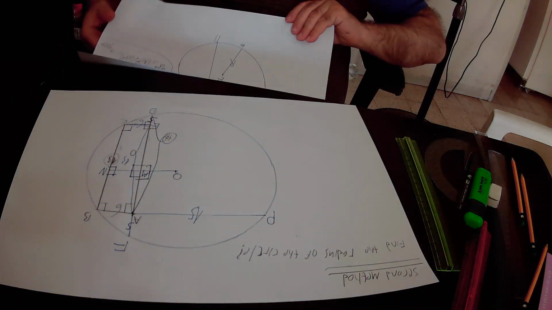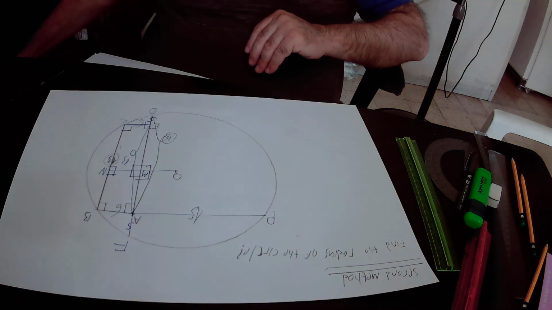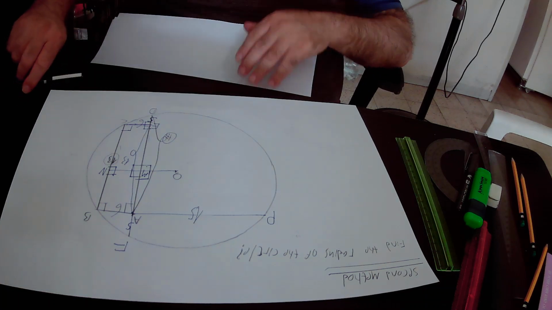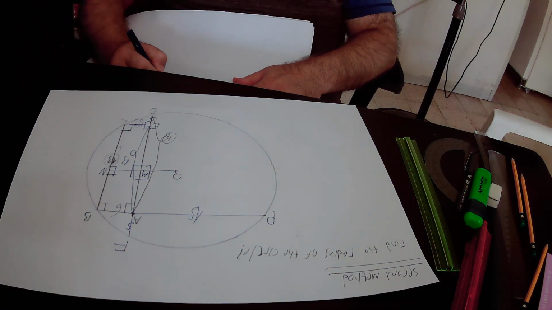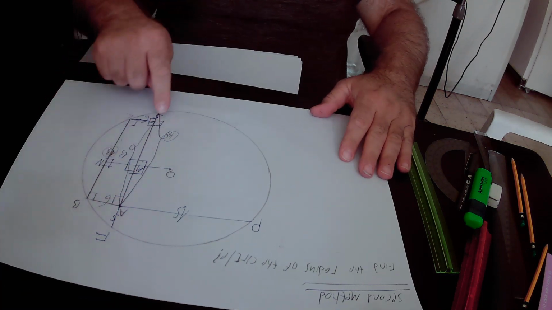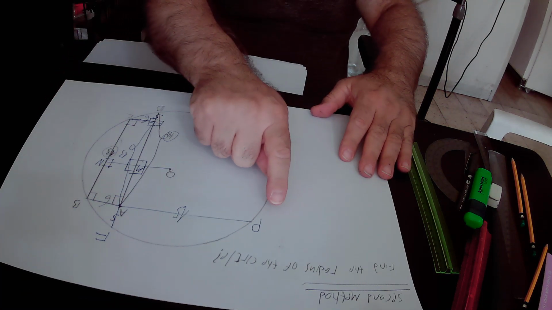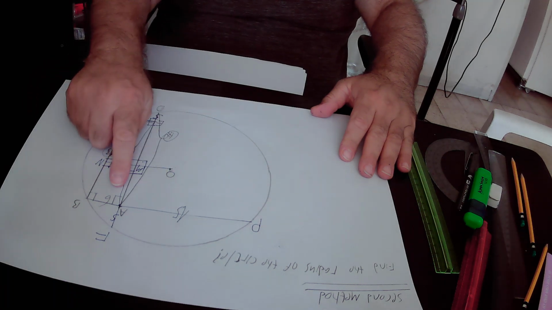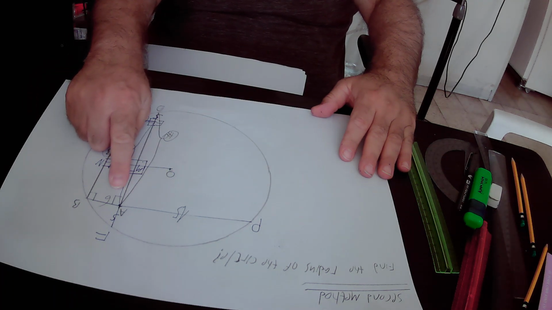Why? Because in our drawing, we have chord FD that intersects with this chord PB at 90 degrees. You can see that the two chords are perpendicular to each other. They create between them 90 degrees. This angle equals 90 degrees.